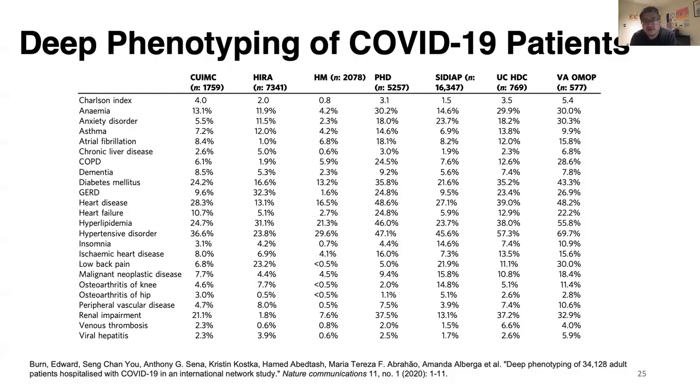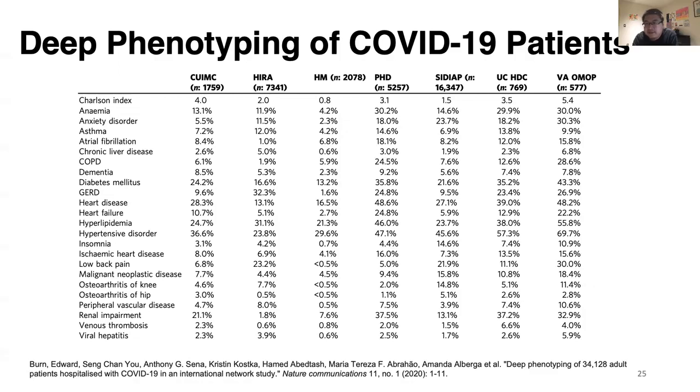And this table shows the distribution of comorbidities in COVID-19 patients across different sites and countries. It shows that the mean Charlson comorbidity index of those hospitalized COVID-19 patients in the US ranged from 3.1 for PHD to 5.4 for VAOMAP, from 0.8 for HM to 1.4 for SIDIAP in Spain, and was 2.7 in HIRA, covering South Korea.